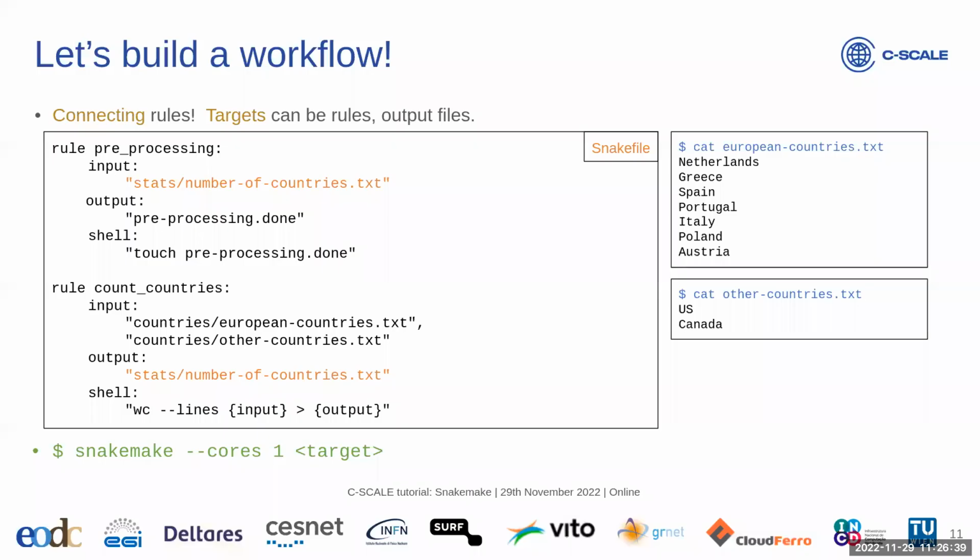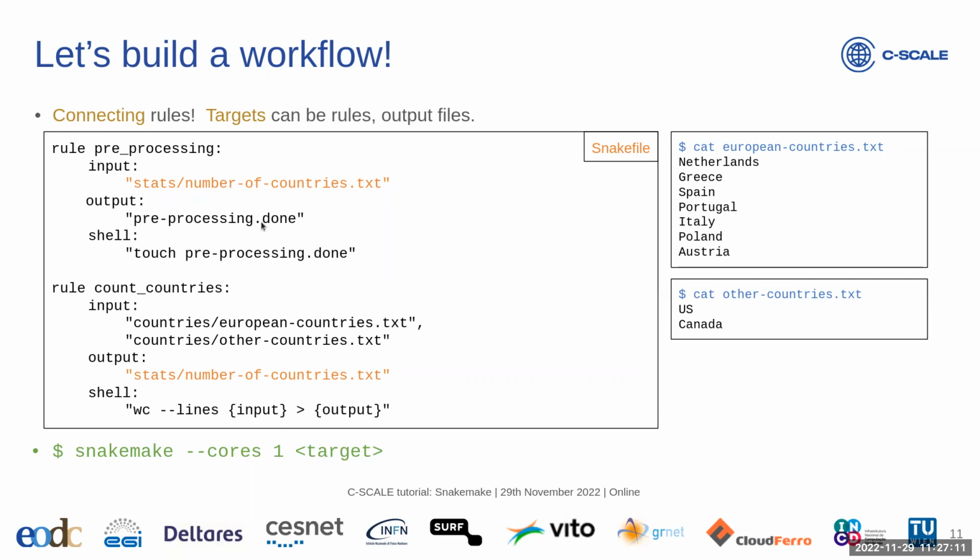The other thing I wanted to mention here is that now that we have 2 rules, you can also specify to Snakemake which rule you want to run. By default, Snakemake thinks that the rule at the top of the file is the default one. So if you say nothing, it's going to try to achieve this rule, create the graph of dependencies between rules, and run everything.